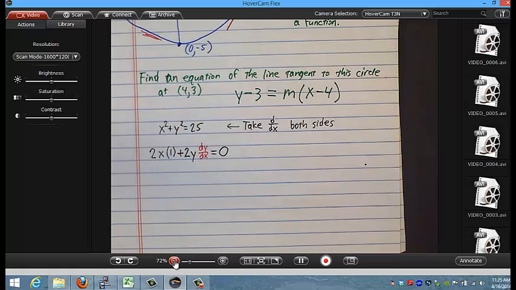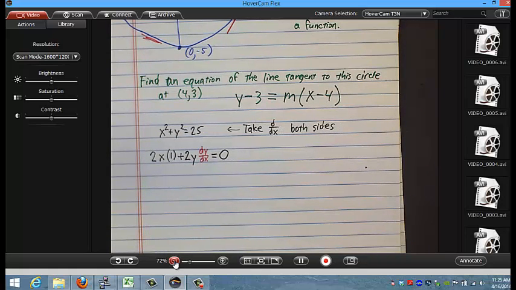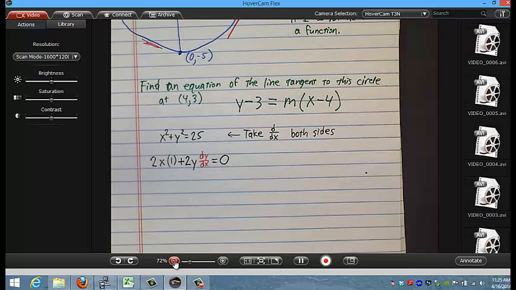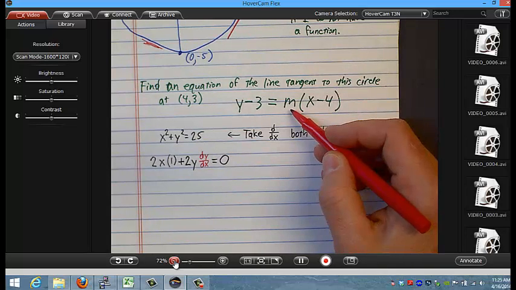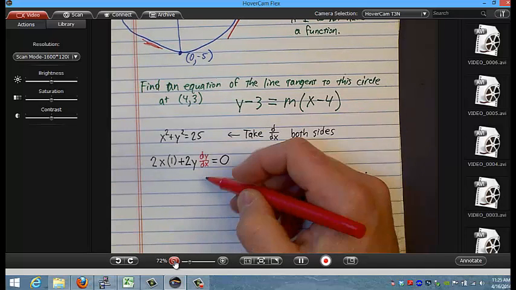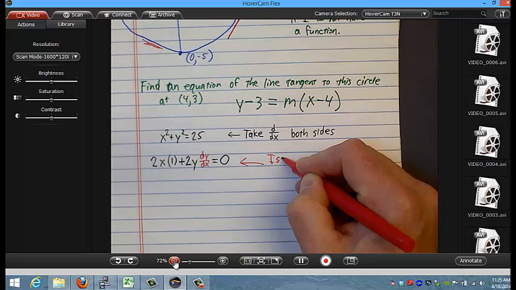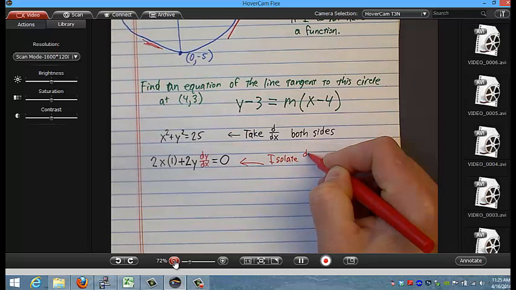That's what we're taking the derivative of for the chain rule. Now again, y is some function of x locally. I don't really know what it is. But remember, in order to find the slope, what I really want is dy/dx, okay? So my next step is I'm going to try to isolate dy/dx.